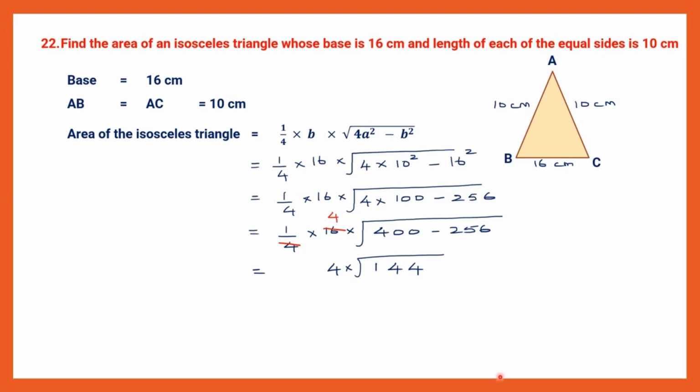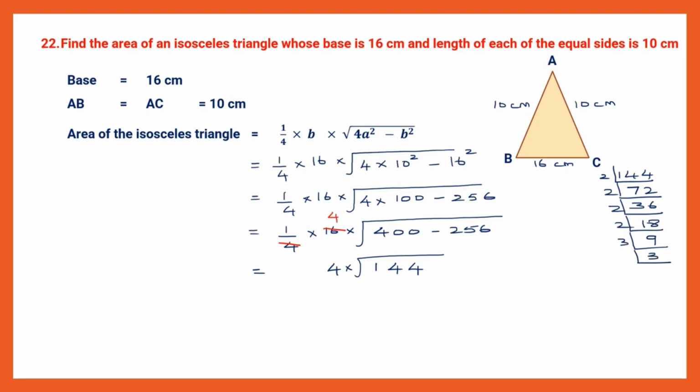So let's find the square root by the prime factor method. 144 divided by 2 is 72, 2 into 36 is 72, 2 into 18 is 36, 2 nines are 18, 3 threes are 9.